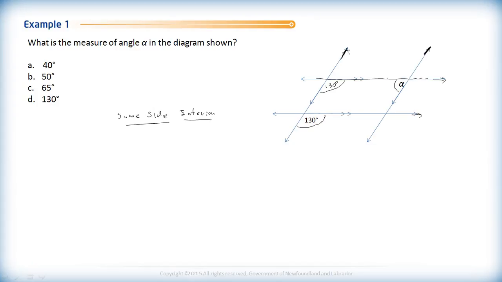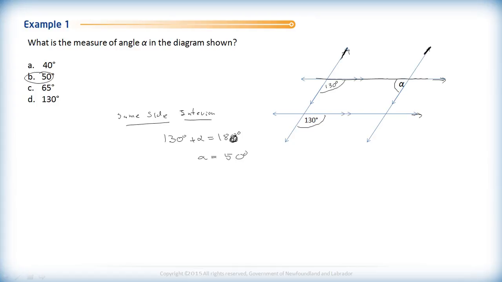We know that same side interior is the one group that's supplementary, so they have to add up to 180 degrees. So 130 plus alpha has to give us 180. That means alpha is just 180 minus 130, which is 50 degrees.